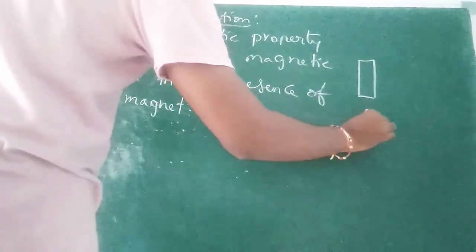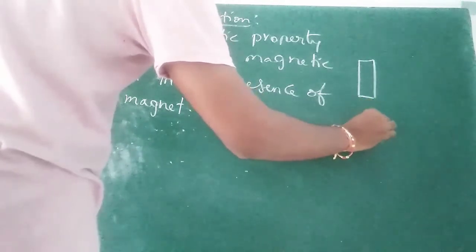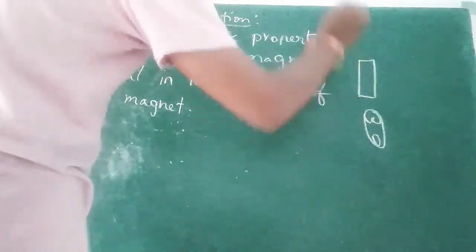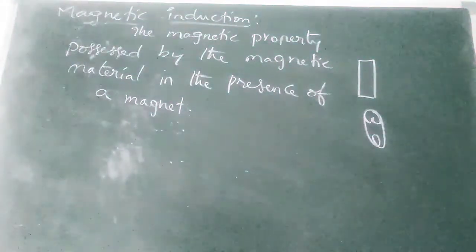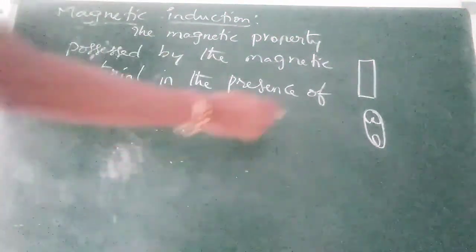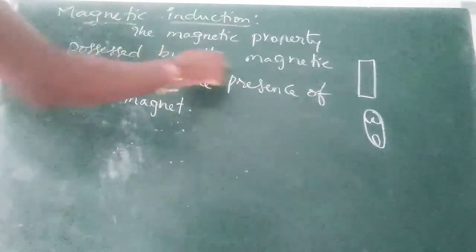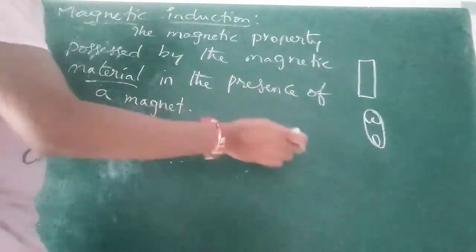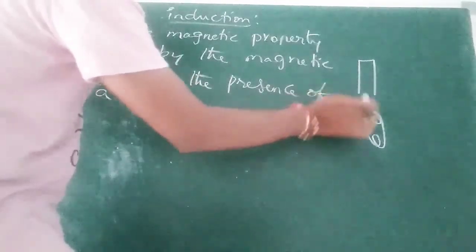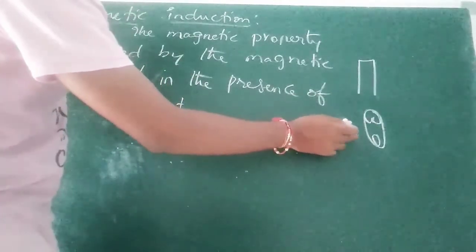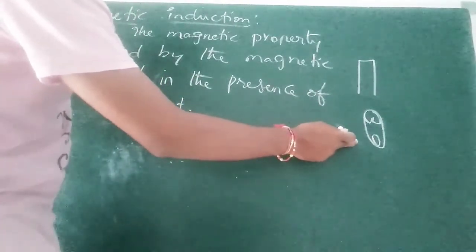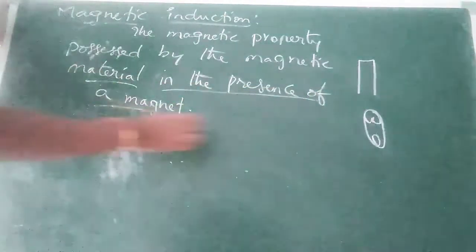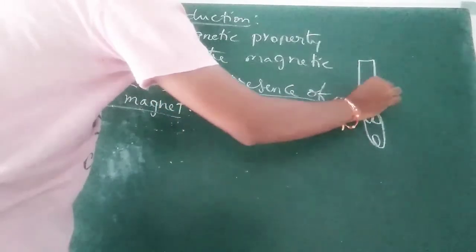So here I am drawing this. Imagine this is a safety pin. Coming to the definition, the magnetic property possessed by the magnetic material. It is a magnetic material, and this magnetic material possesses which property? Magnetic property. This magnetic material possesses magnetic property when in the presence of a magnet.